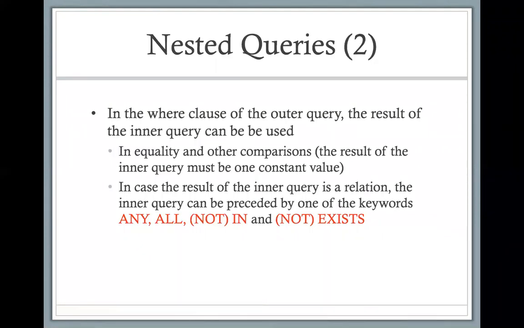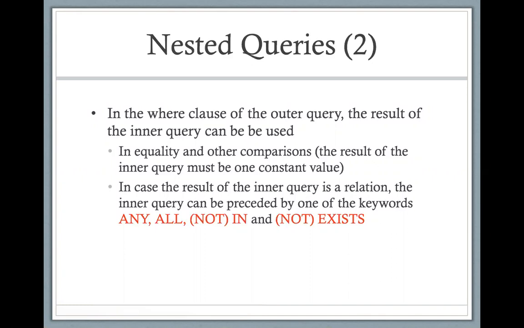The result of an inner query can be used in equality and other comparisons, but it must be one constant value. Otherwise it will not work. I can't say equal to multiple values at the same time.